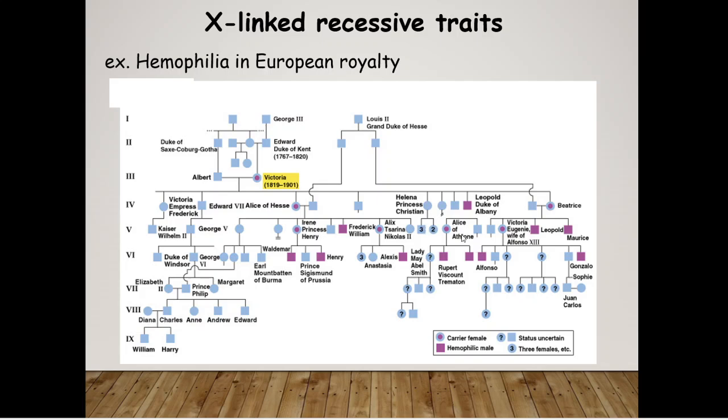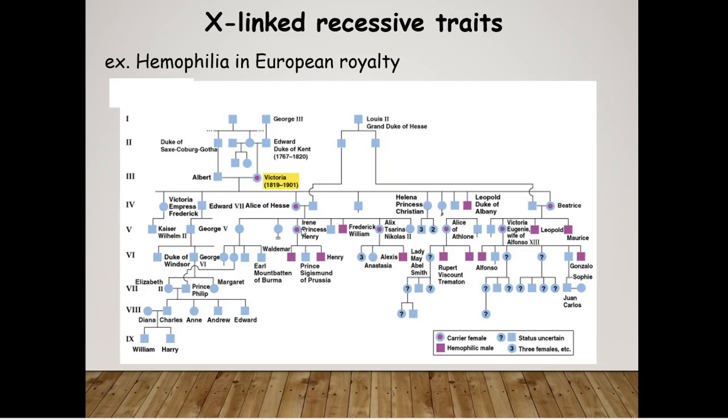And then we can also see if we watch. Remember, we talked about the affected males don't usually pass it on to their children. So if we find a male that actually has had children, and I don't think there is any on here. I was looking just a minute ago. I don't see any that have passed it on.